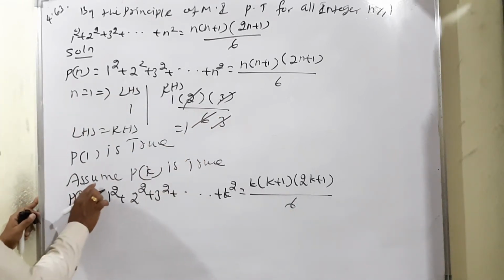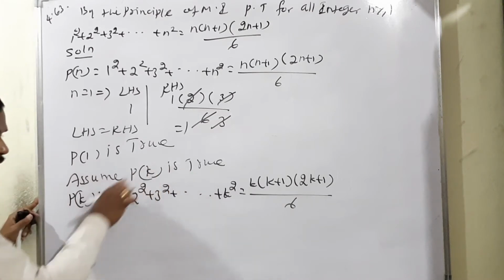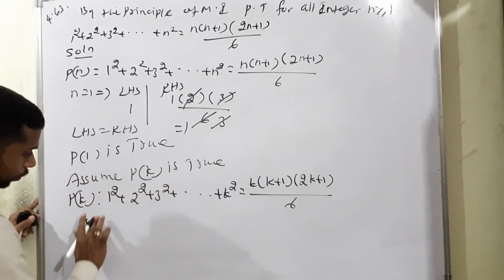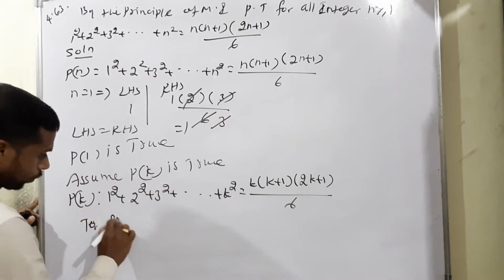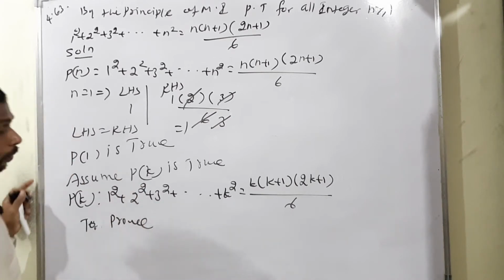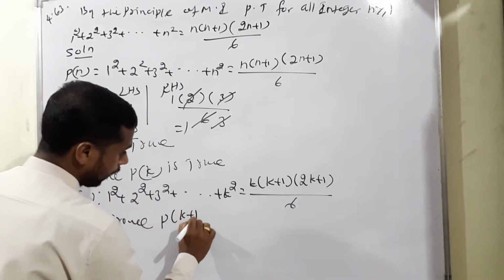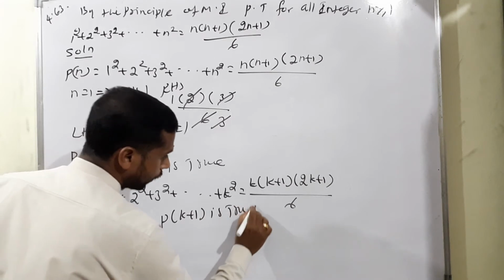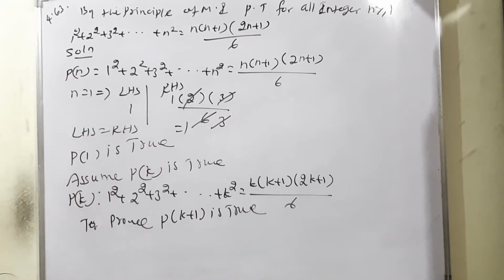Now P of k is true, so to prove P of k plus 1 is true.